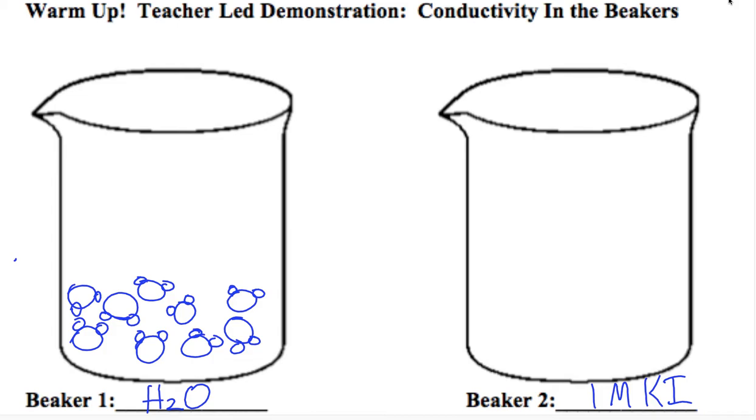So what do we expect to happen when we put the light bulb in this? It should light up. Why? It's a fully dissociated solid because why? How do we know? Potassium is a group 1, and all those salts are soluble. So even though this dissolved, it also dissociated into ions.